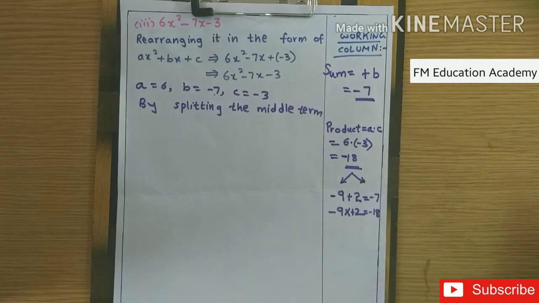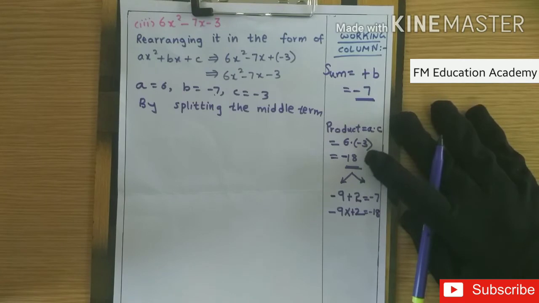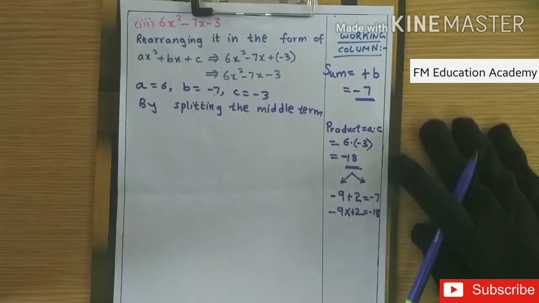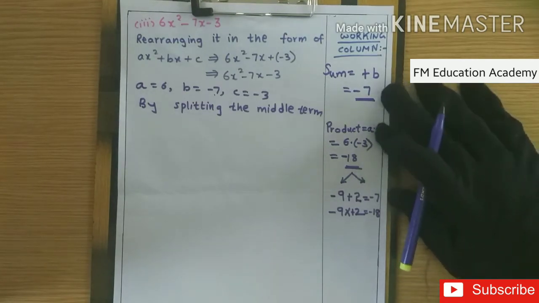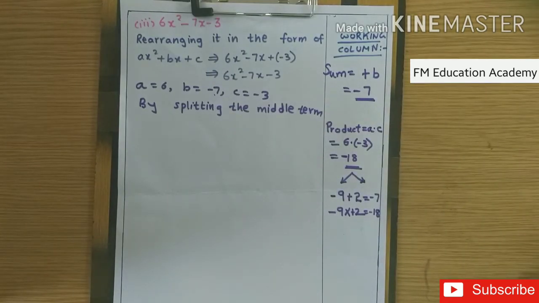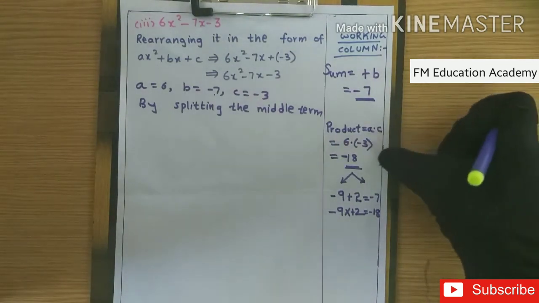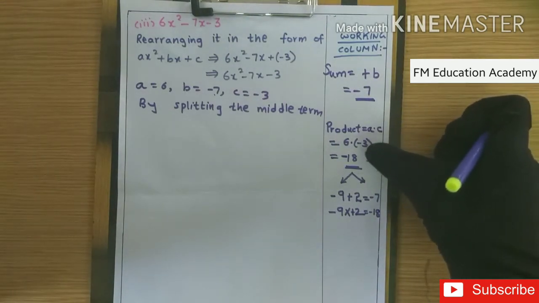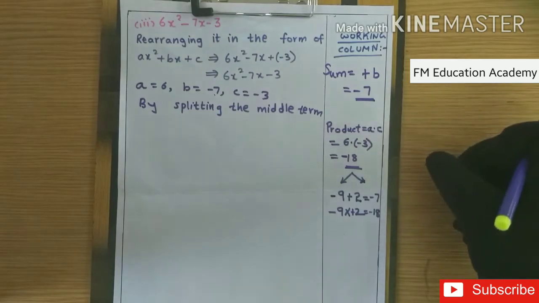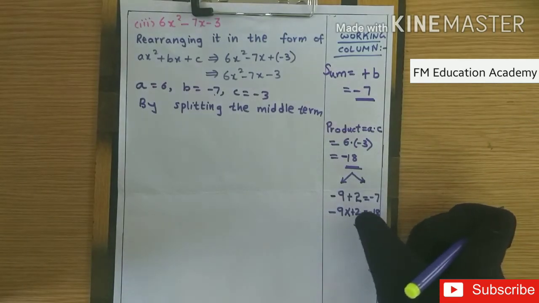So basically, what is the procedure of splitting the middle term? Choose the factors in such a way that the product is minus 18 and the sum is minus 7. You also have to choose the signs of plus and minus according to the sum and product given. As the product is minus 18, I can write 9 2s are 18 and minus into plus is minus. So I will take one term as minus and the other as plus.